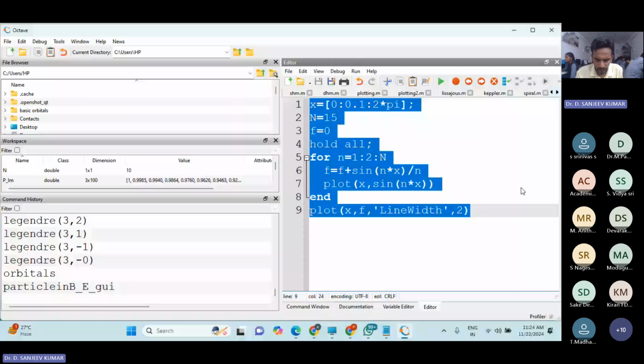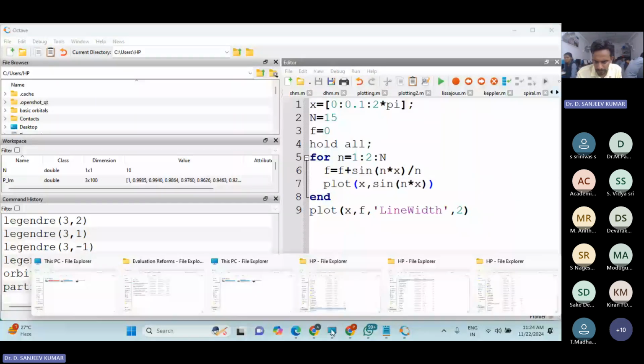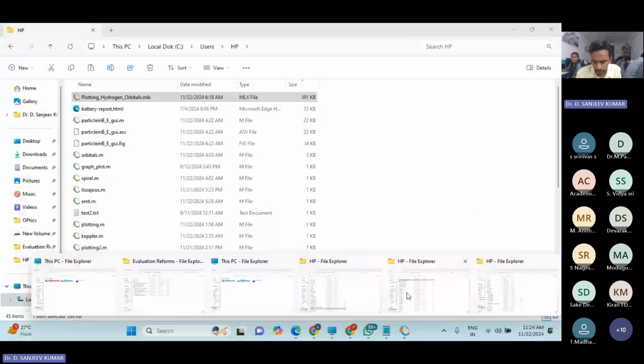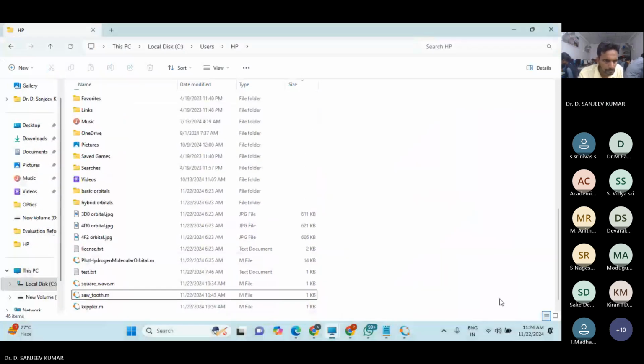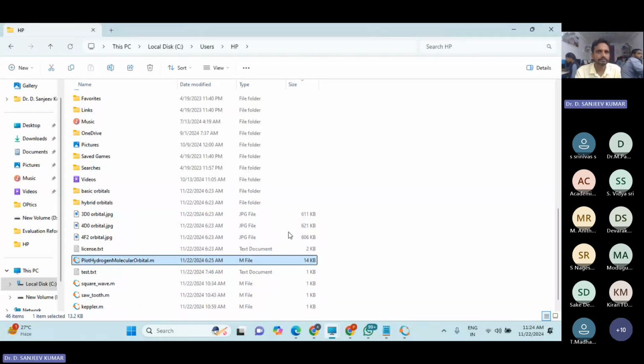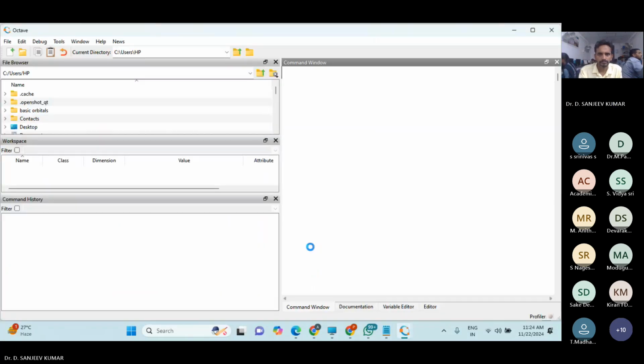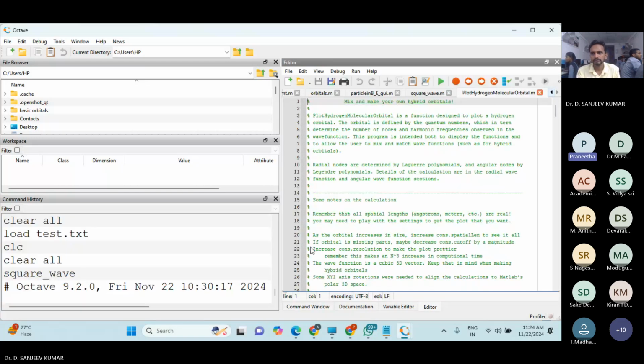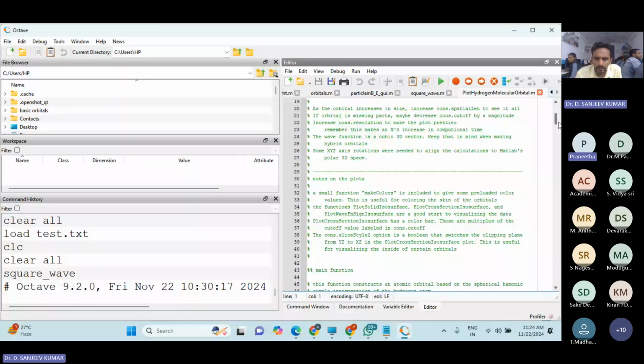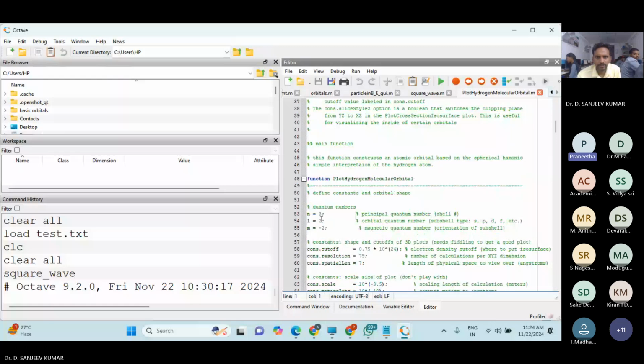So the file available in MATLAB Central is this. Plot hydrogen molecular orbitals. Share that file. So here N is 3, L is 2 and M is 2.